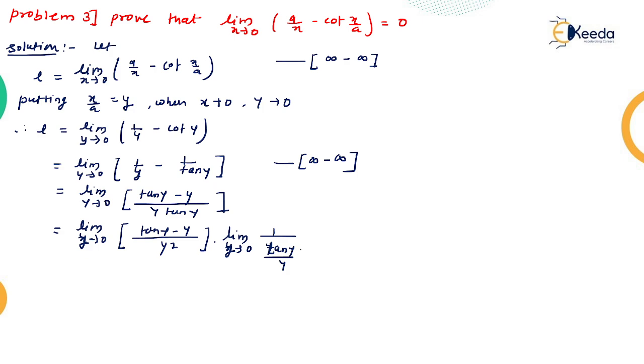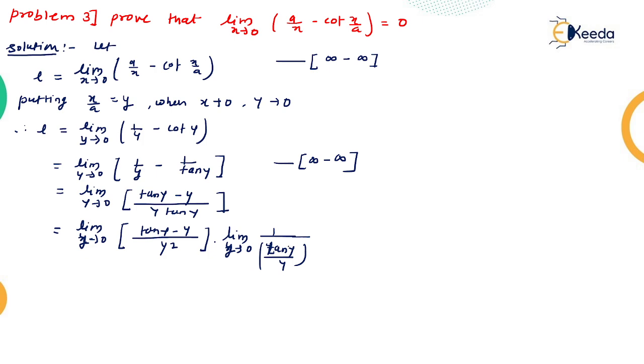That is a little bit of adjustment. I hope you understand this, because I am taking y square as an extra term, right? So for cancellation I have to take y also in the denominator.